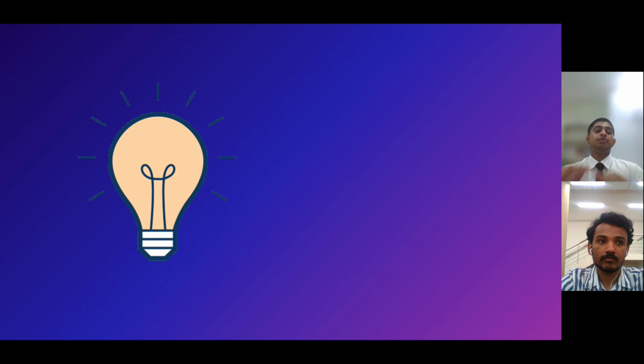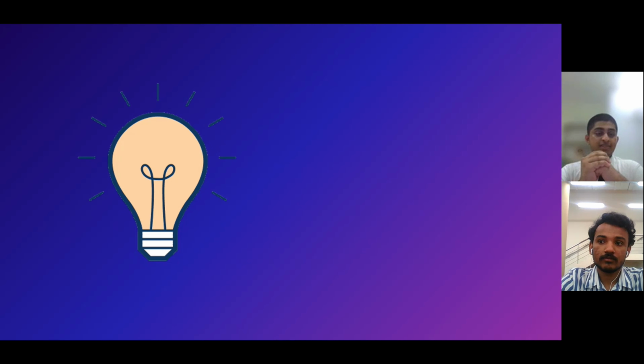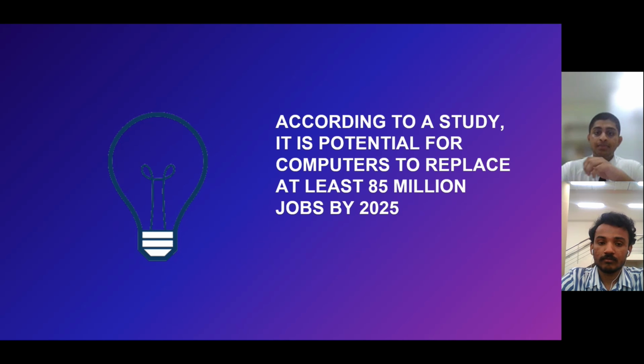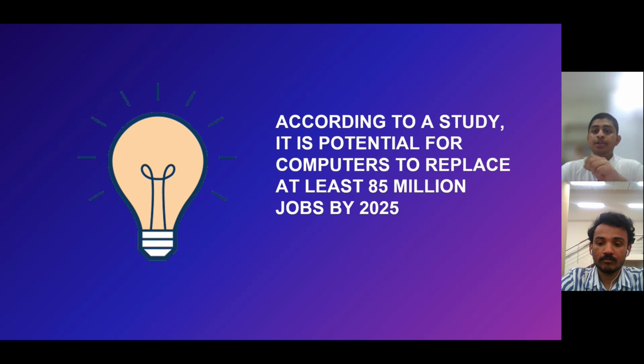Thank you, Paalani, for speaking on the importance and also advantages and disadvantages of IoT in general. So let's look. There is a light bulb showing, which means that there is a fun fact that needs to be known by every single one of us. Okay, it's saying that according to a study, it is potential for computers to replace at least 85 million jobs by the year 2025.